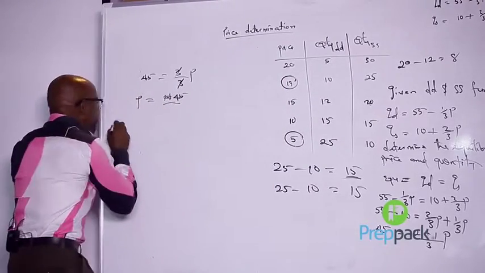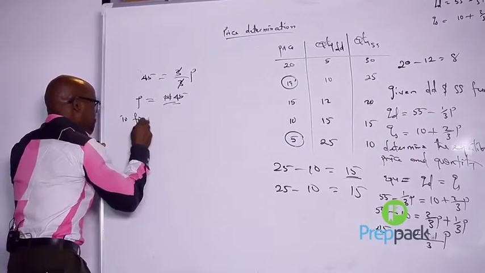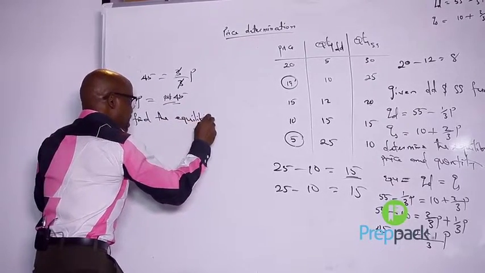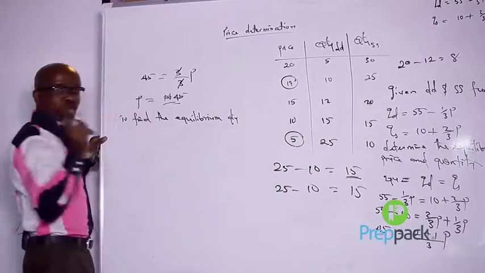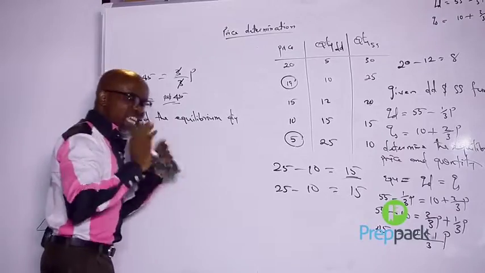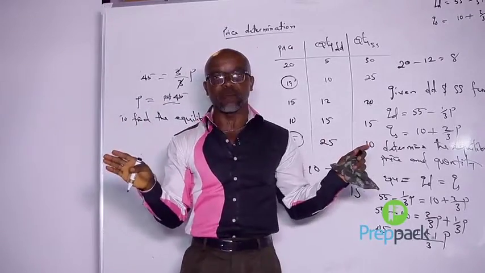Now to find the equilibrium quantity, I will substitute for P using either equation 1 or equation 2. Whichever one I use, I must get the same answer.